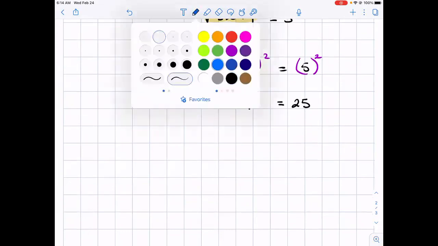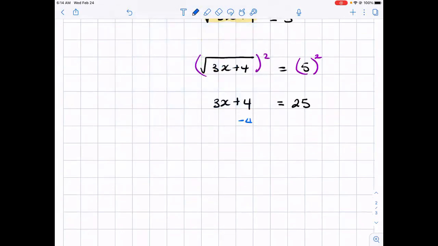As you know, the next thing we'll do is subtract 4 on both sides. When I do this, I have 3x, the +4 and the -4 cancel out, and that is equal to 21.